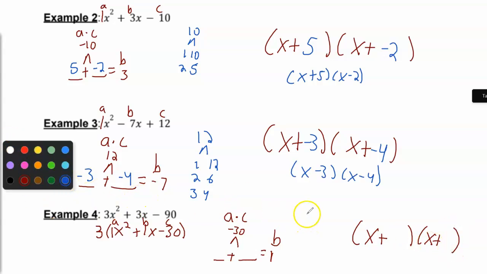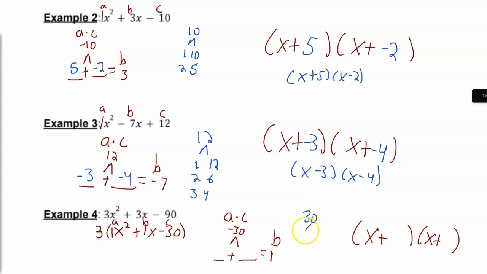The work I'm doing in blue helps us find our magic number. 30 is 1 and 30, 2 and 15, 3 and 10, 5 and 6. Okay, so I can use a negative 5 and a positive 6, which multiply to negative 30, but add to my b of 1.